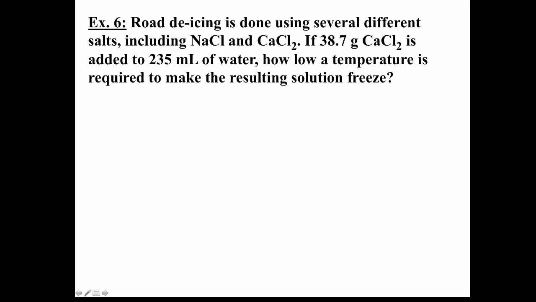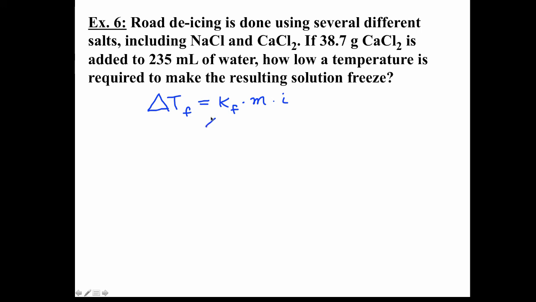So in this case, if we're dealing with freezing point being lowered, the relationship is the one we just saw. The temperature difference between the freezing point of the pure solvent and the freezing point of the solution depends upon the freezing point constant, which is a specific value for a specific solvent. It depends upon the molality, and it depends upon the Van 't Hoff factor.